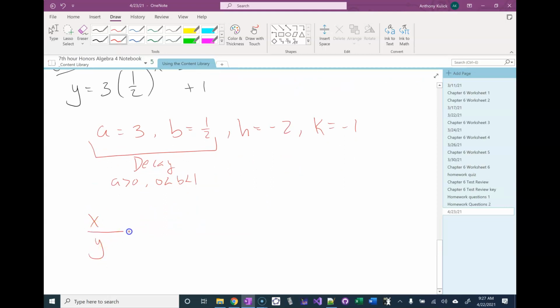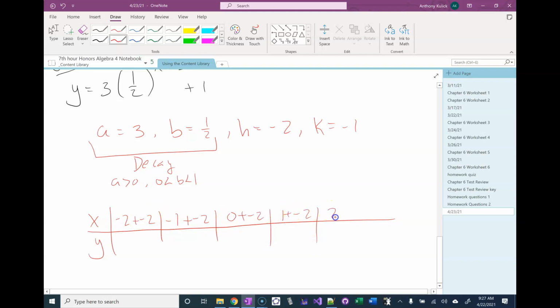So we'll make our XY table. I'm going to pick my points as negative 2 plus h, negative 1 plus h, 0 plus h, 1 plus h, and then 2 plus h. And then my y coordinates are going to be a times b to the negative 2 plus k, a times b to the negative 1 plus k.